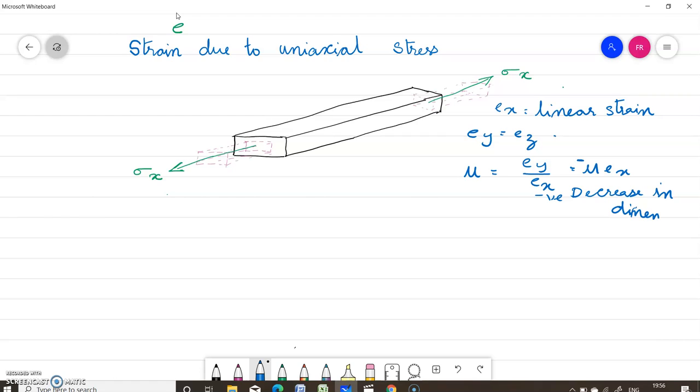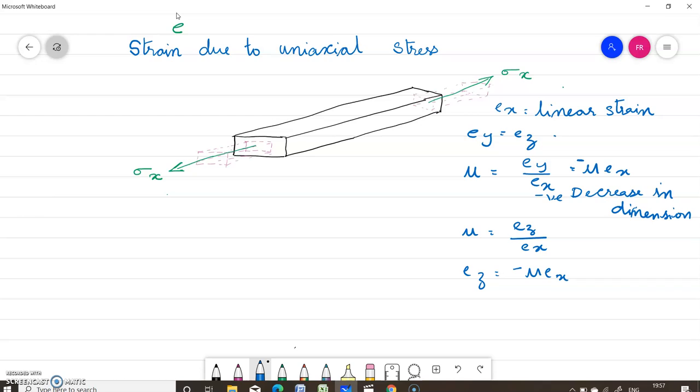So you can say mu equals Ez by Ex. So you will get Ez equal to minus mu into Ex. This is also negative since there is decrease in dimension in the z direction also. Okay.